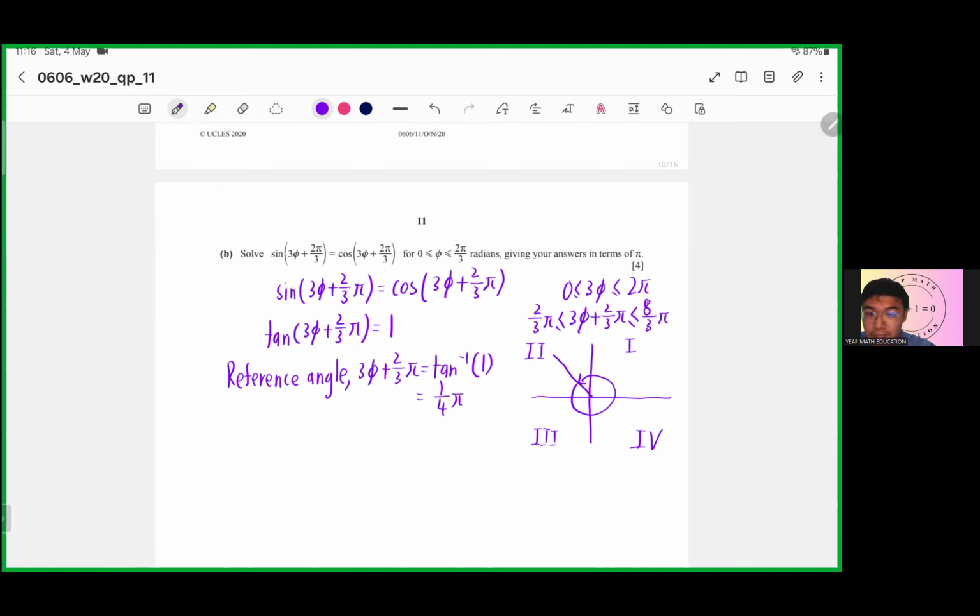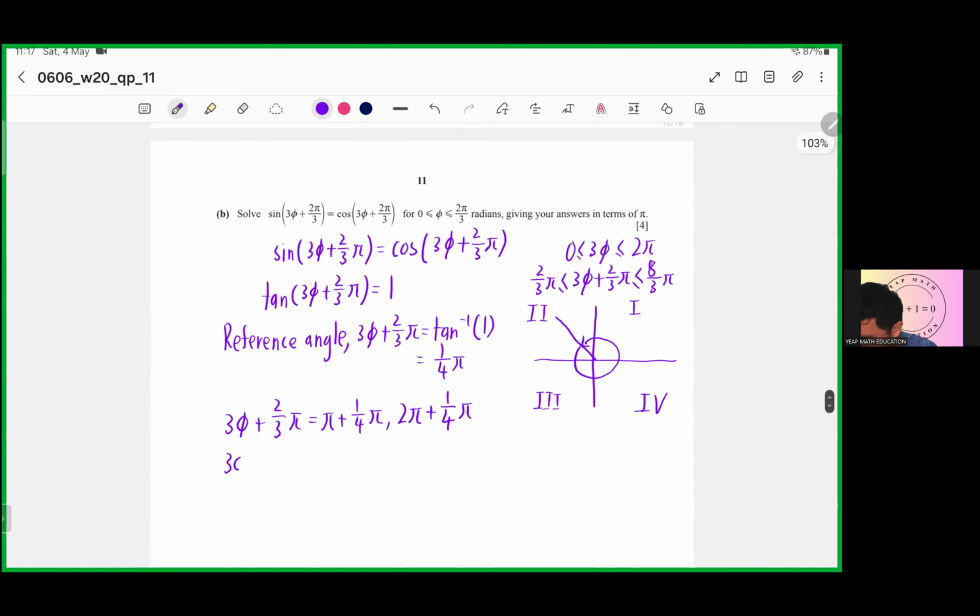Now you see it's positive, right? So we just take the third quadrant and first quadrant. For the third quadrant, we take π plus 1 over 4 π. And one more is the first quadrant, 2π plus 1 over 4 π.